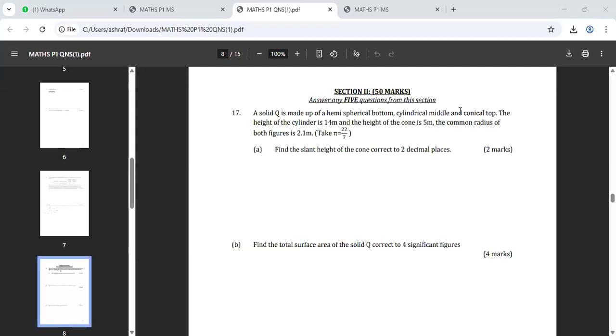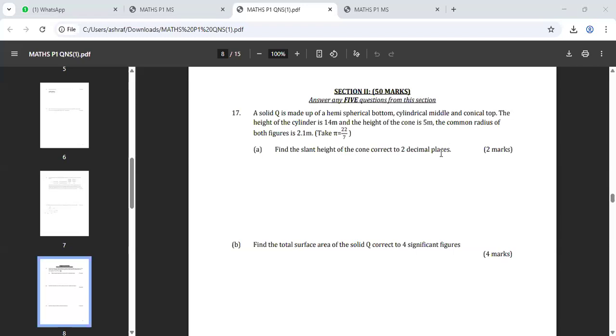Good. So we just use Pythagoras theorem. That is the base squared plus the height squared, and then we square root to get the slant height. So we've been told to give to 2 decimal places. So to 2 decimal places, you'll get 5.42.